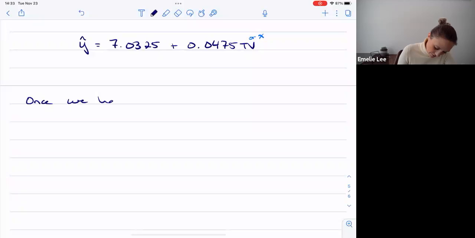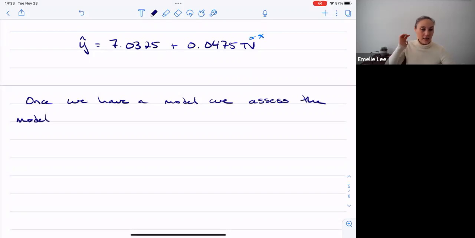Once we have a model, we assess the model fit. And this is true for any model. Then we use those values because you're likely going to build many models, and then you want some method of comparing those models.